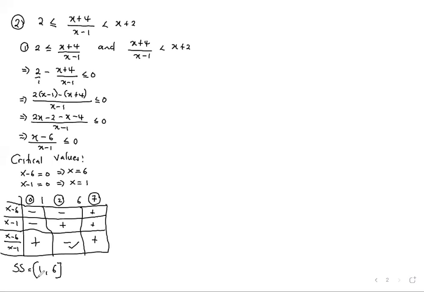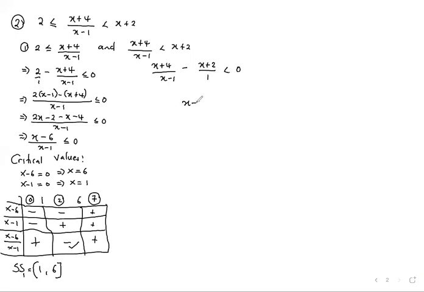First thing. So we are done with this interval here. We go to the other interval. X plus 4 over x minus 1 minus x plus 2 over 1 is less than 0.